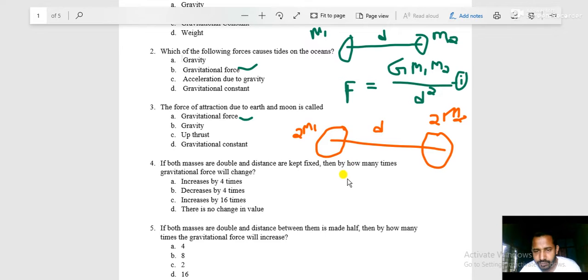Now what will be the force here? I'm writing force as F dash or F1.